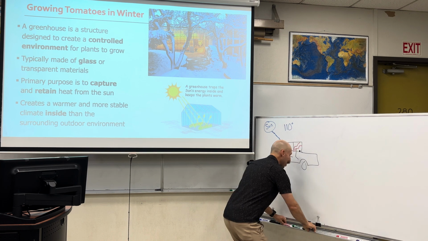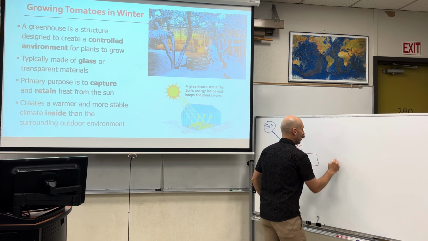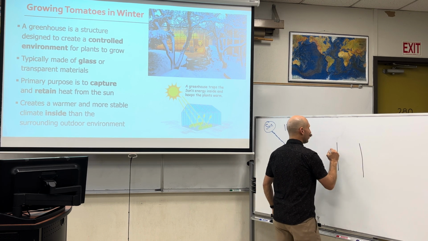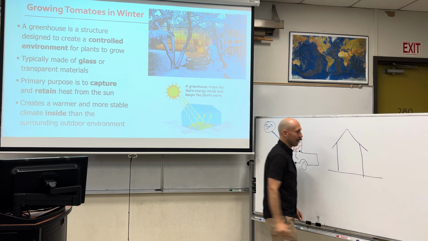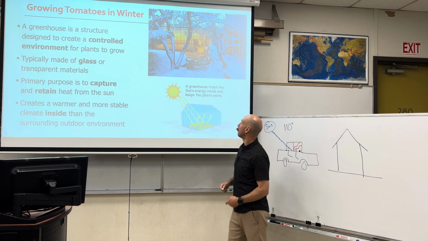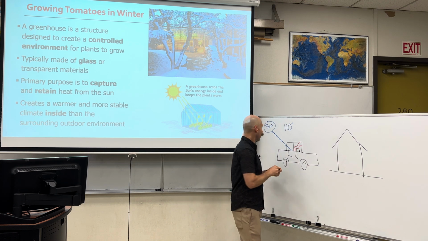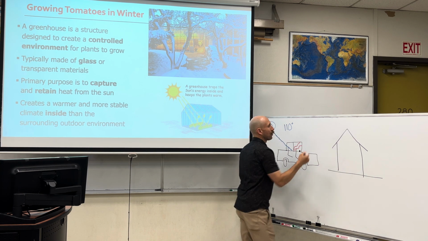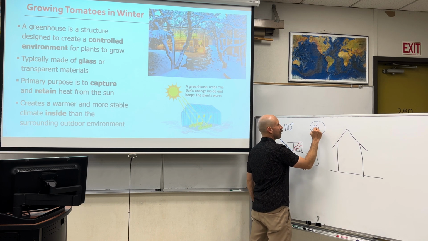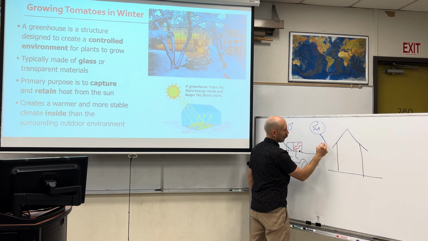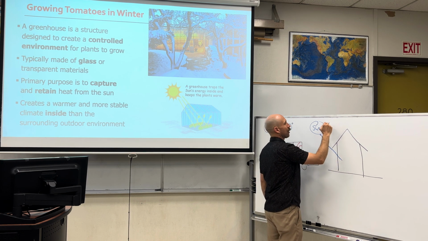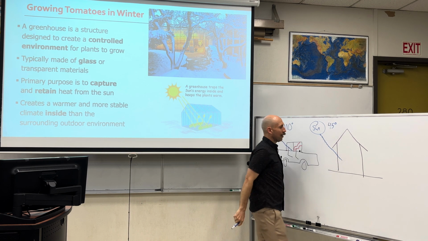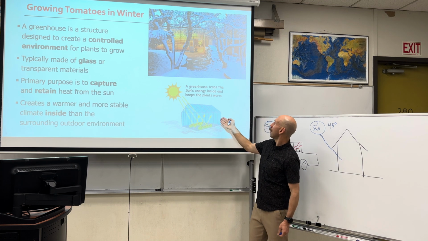So a greenhouse is a structure that is used to grow food when there isn't enough heat. And the process is very similar. Let's bring our sun to over here. The sun, now let's say the ambient air temperature outside is 45 degrees, but we want to grow tomatoes.